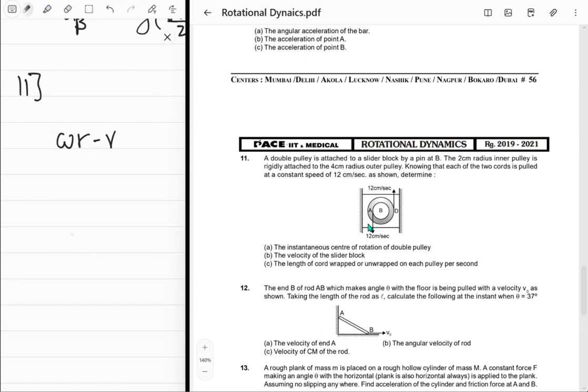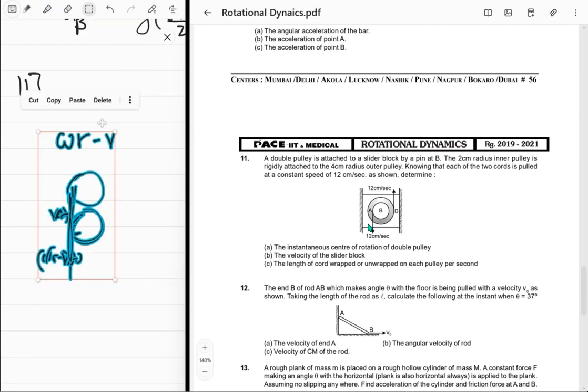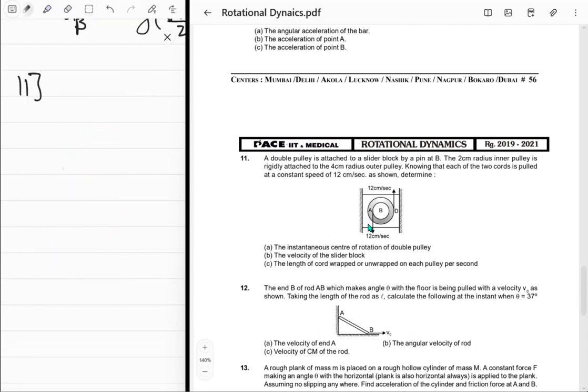In that, this particle of the string would have gone down by omega r minus v, but then this whole pulley would have gone up by v. So the whole string that got created would just be omega r times delta t, and that's why the rate of increase of the string outside is just going to be omega r.